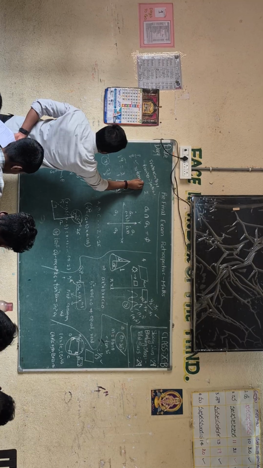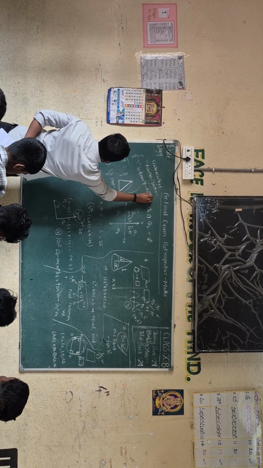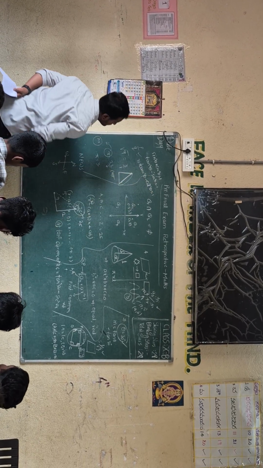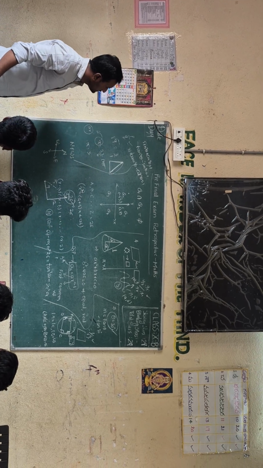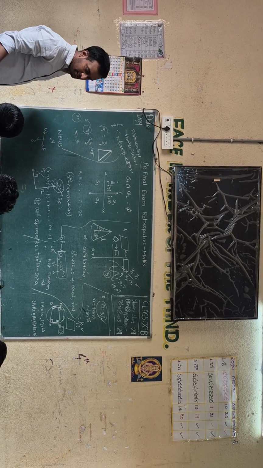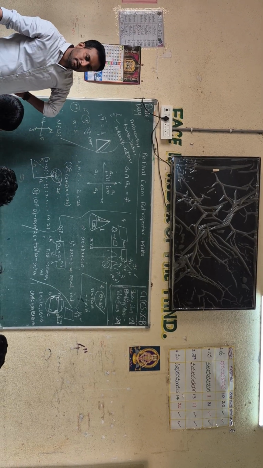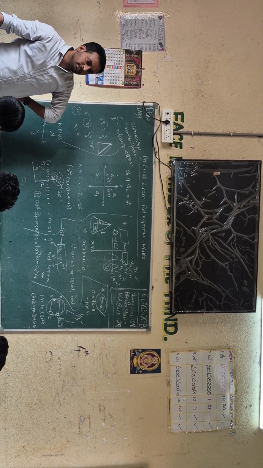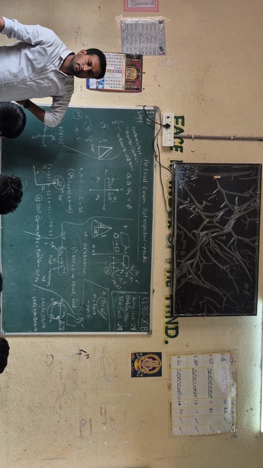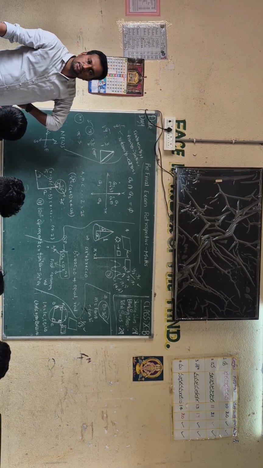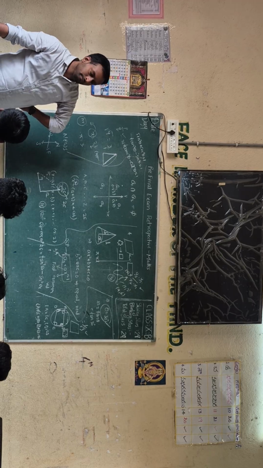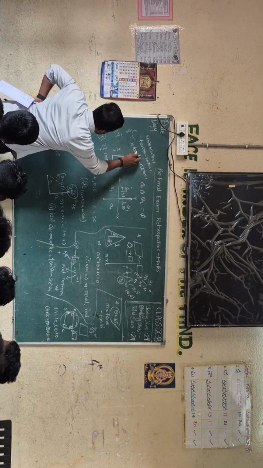Cosec square theta minus tan square theta is equal to 1. Is it tan square theta? No, I think sec square theta minus tan square theta. Let's look at them. Sir, cosec square theta minus cot square theta is equal to 1. Yes, sir. Sin square theta plus cos square theta is 1. Sec square theta minus tan square theta.